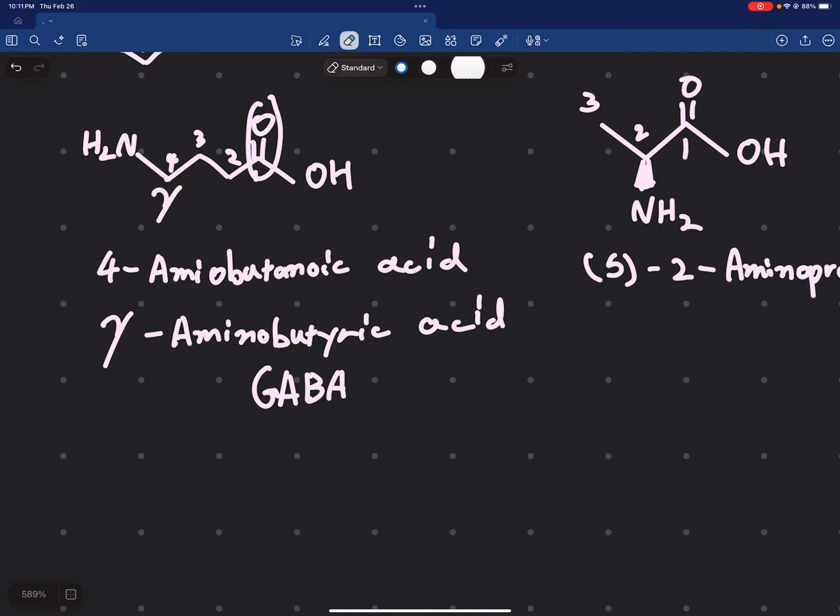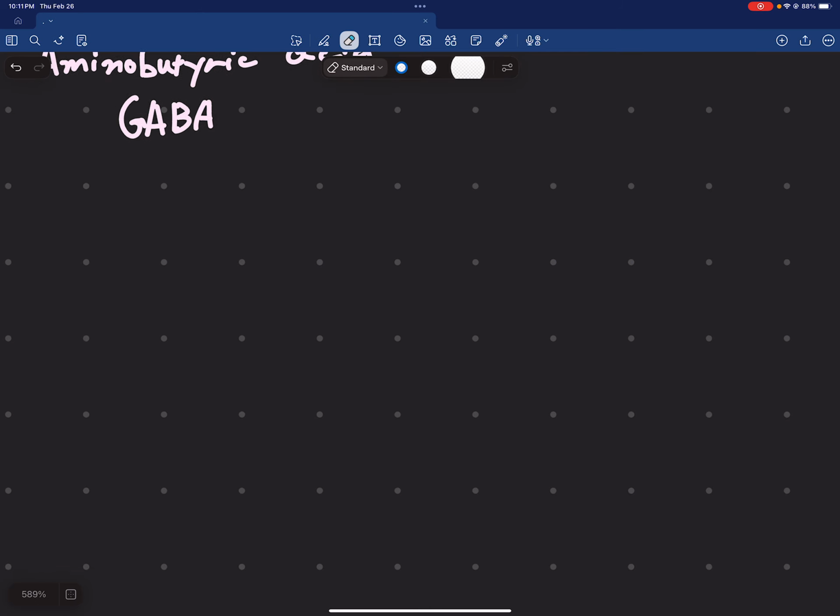So let's move on to the presence of a ketone carbonyl in a substituted carboxylic acid, which is indicated by the prefix keto. So the acetyl group, CH3CO or Ac.